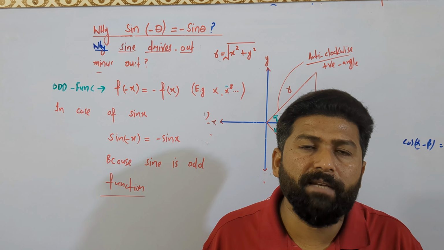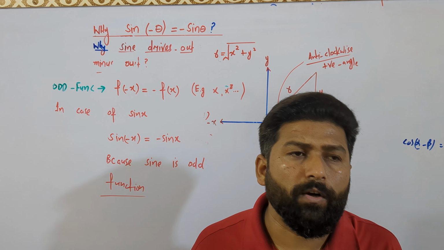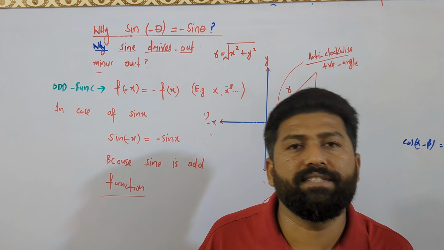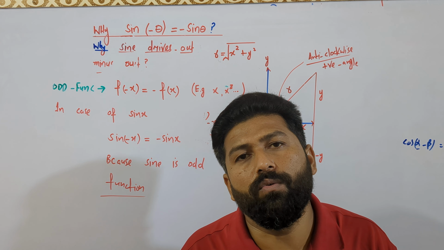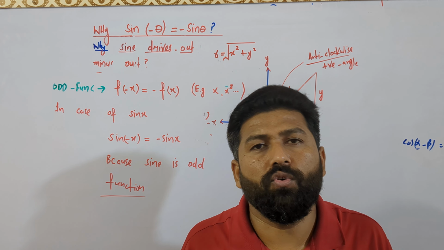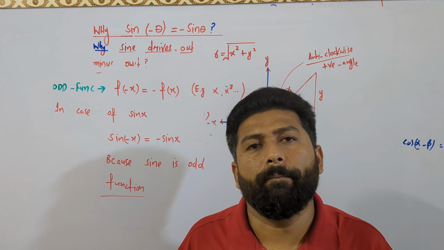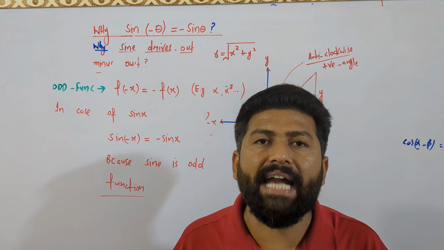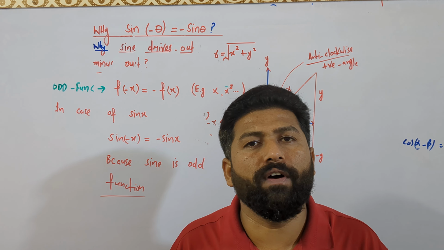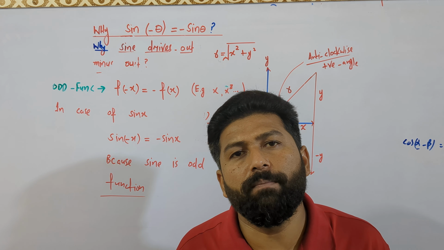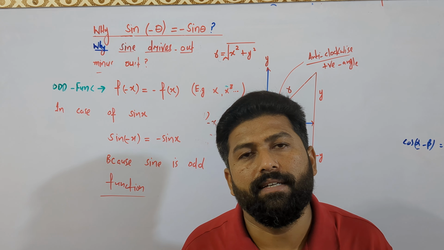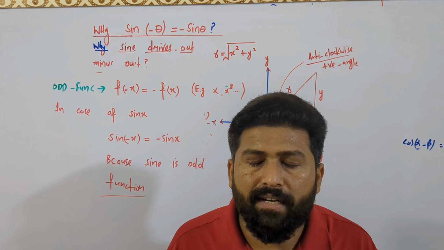It must be kept in mind that the common thing in odd functions is that they are symmetric. If we draw the graph of sine x or x cube or any odd function, the graph will be symmetric. What is the concept of symmetry?